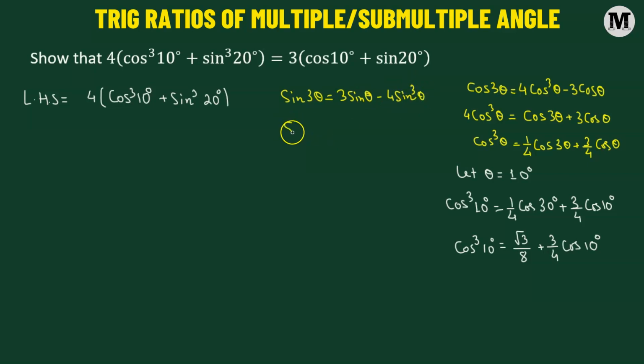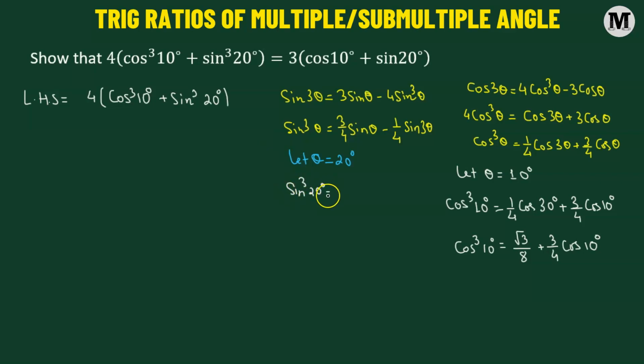Now sine cubed theta will become equivalent to 3 over 4 sine theta minus 1 over 4 sine 3 theta. So here we will suppose the value of theta is 20 degrees. Then we will get sine 20 degrees whole cube.